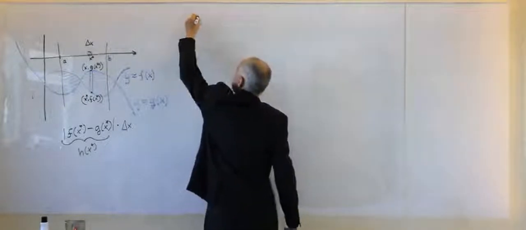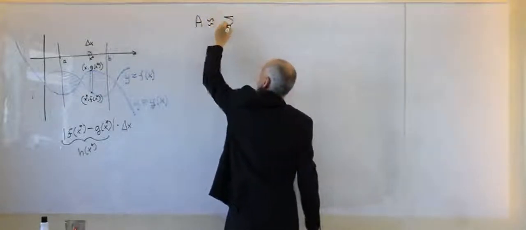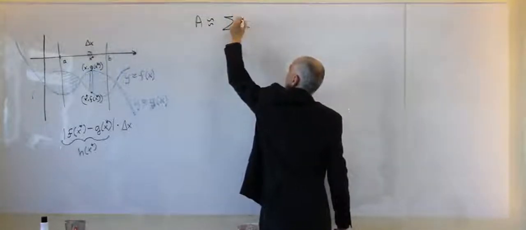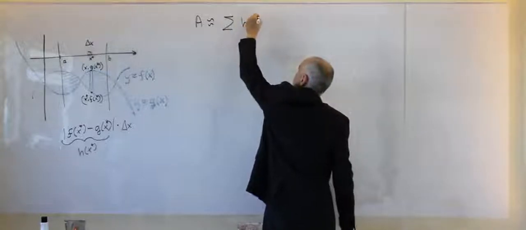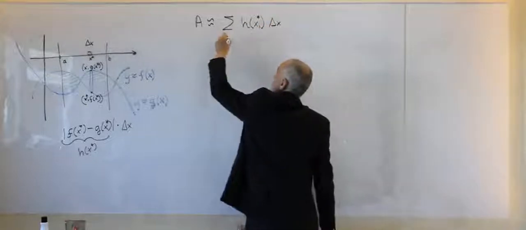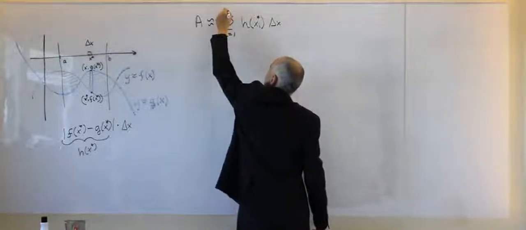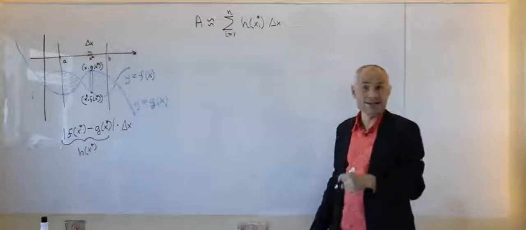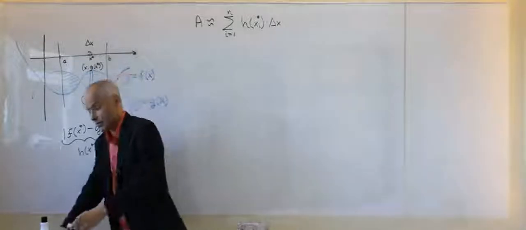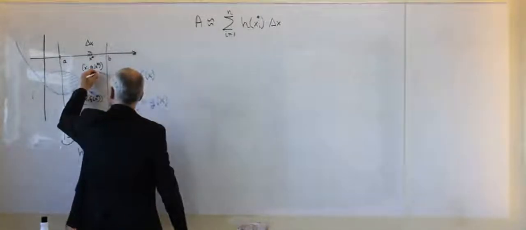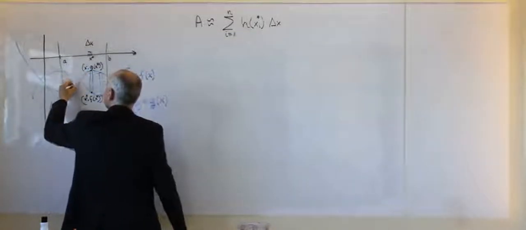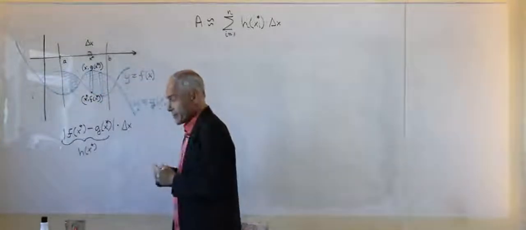So the approximate formula for the area will be the summation of h of x_i star, and here I need an index, times delta x, where i varies from 1 to some number n, where n is the number of these rectangles that approximate our region. So let me sketch another one here, and another one here, etc. So that would be the approximation.